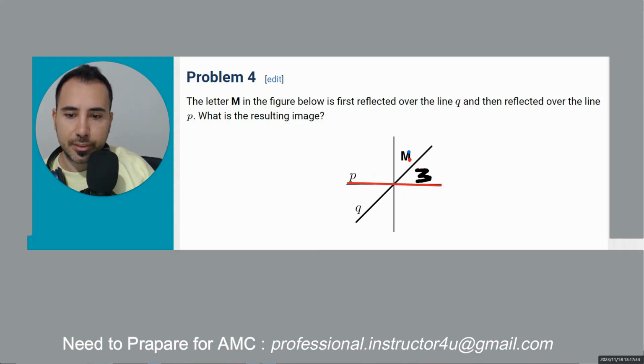So all we really have to do is choose some points here. This point becomes this. This point becomes this. And if you need more, this point becomes this. And then this one is going to be further apart, so this will also be further apart. This one will also be further apart. So all we have to do is join these.